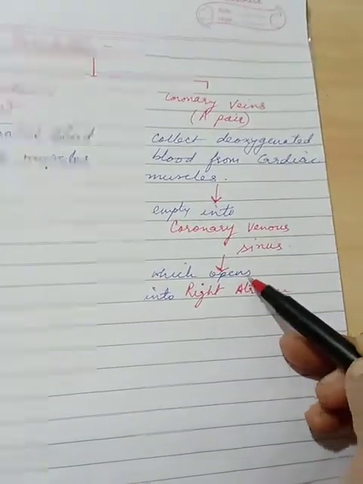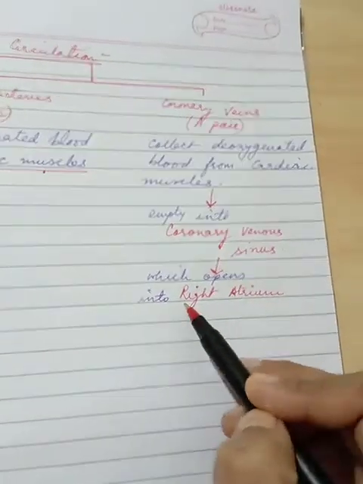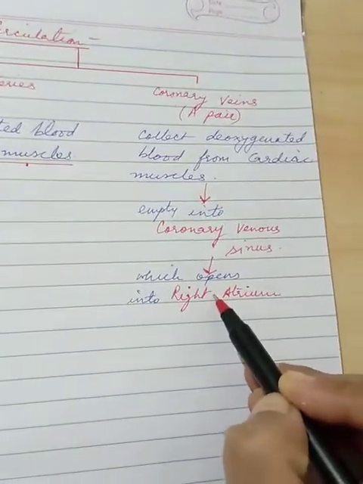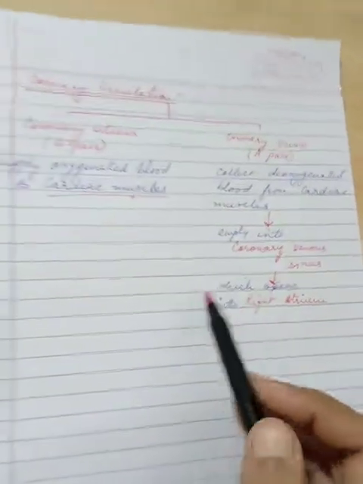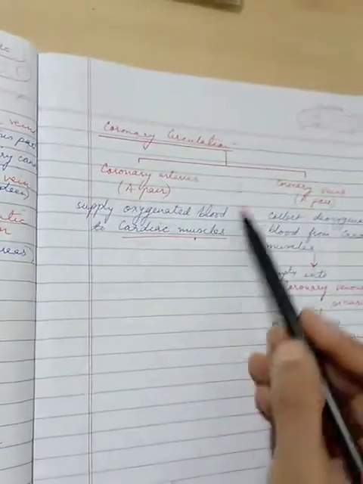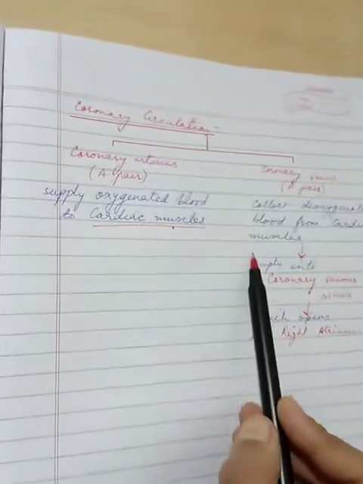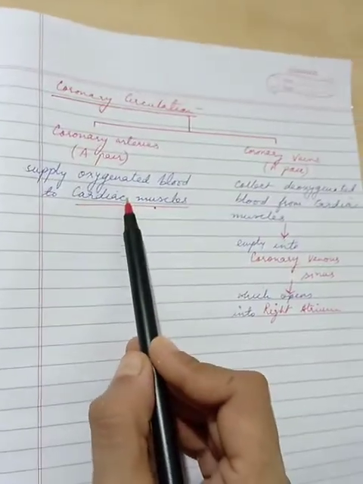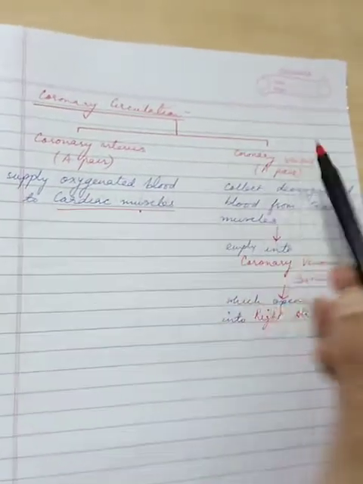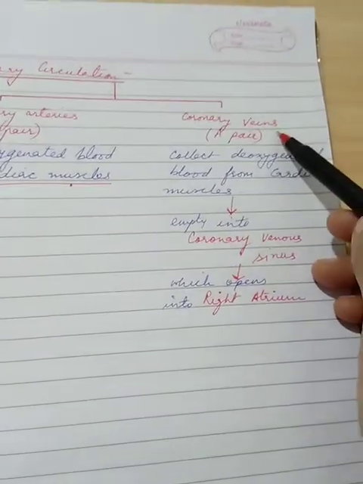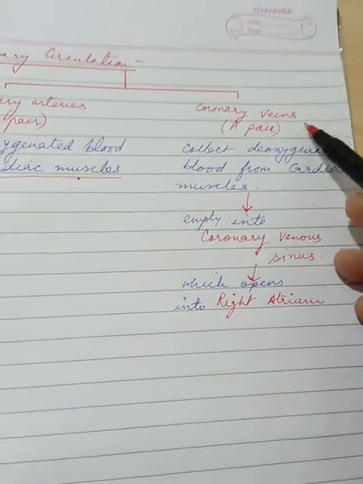This opens the blood into the right atrium. Right? So this is how the coronary circulation is concerned only with the heart muscles. To supply, it is through coronary arteries, and to collect the impure blood, it is through the coronary veins, right?